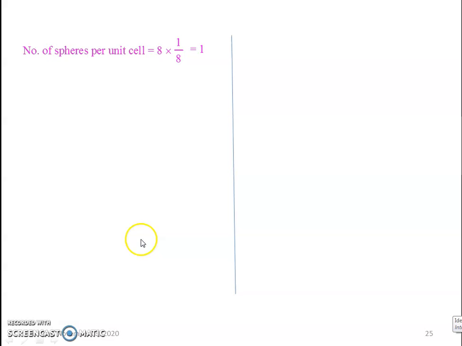Now from this, how do we calculate the number of spheres per unit cell? The contribution of a corner sphere is 1/8, into the total number of corner spheres, which is 8. So 8 into 1/8 is equal to 1. So in a simple cubic structure, the number of spheres present in the unit cell is equal to 1.